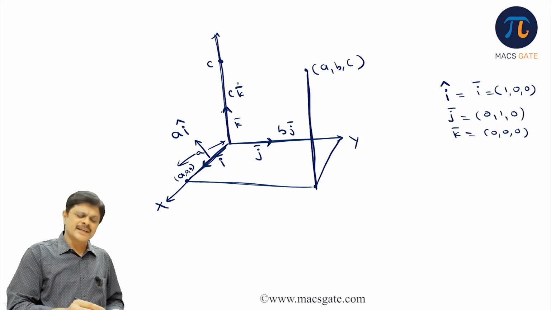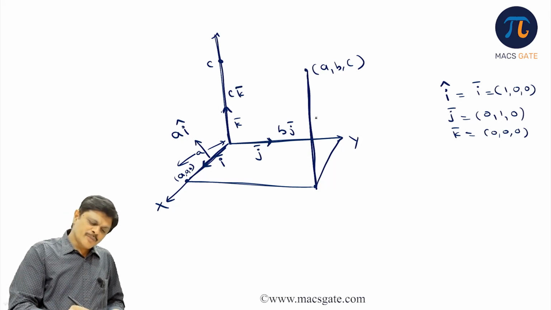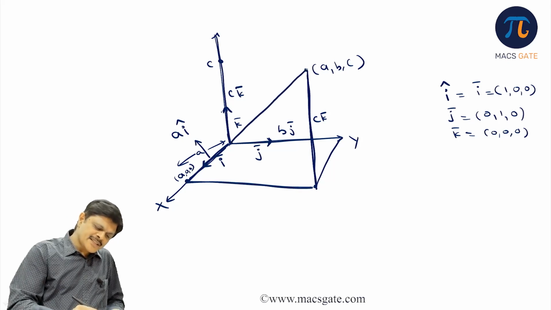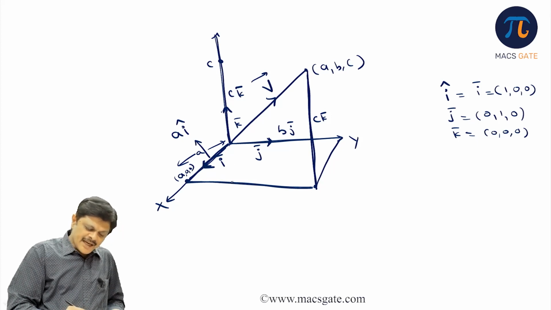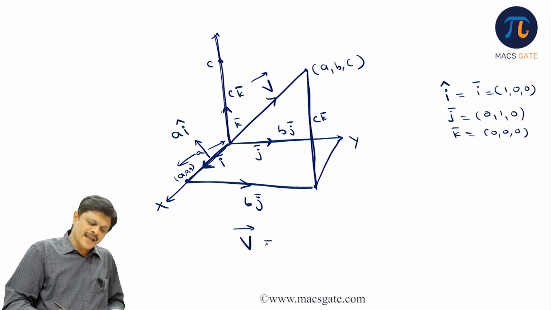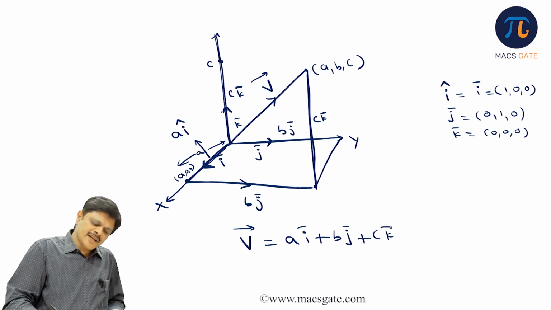That is, we are writing it in terms of unit vectors. So how can you write this vector? It can be represented as this vector plus this vector plus this vector. This is your vector V bar, so it can be written as a i bar, plus b j bar, plus c k bar. So how do you represent the vector in component form? a i bar plus b j bar plus c k bar. Any vector can be represented in component form like this.